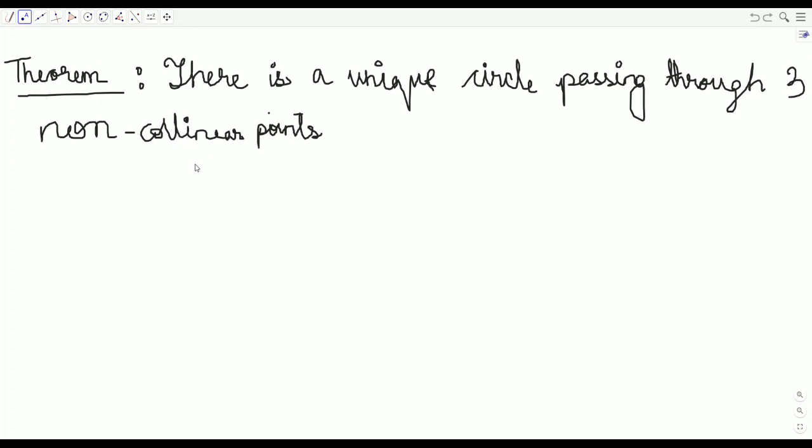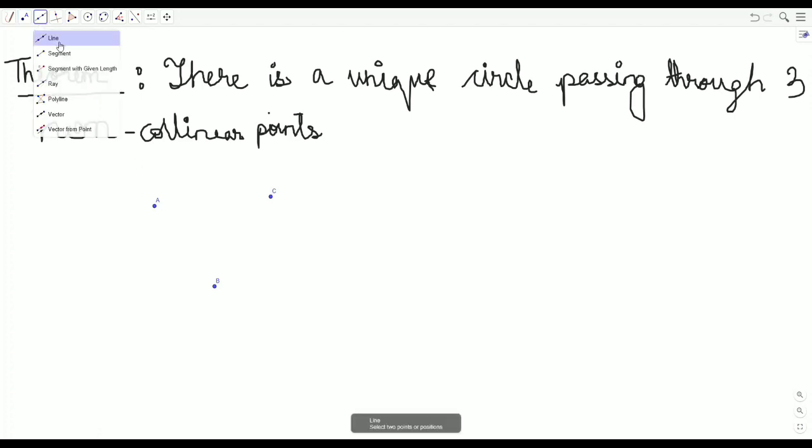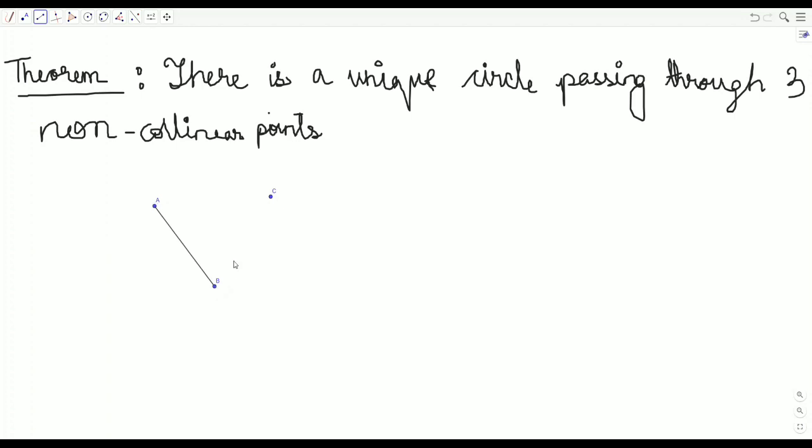So first of all we will consider 3 non-collinear points. Okay, let us consider this is A, this is B, and this is C. Let us join them and see what would be the thing.